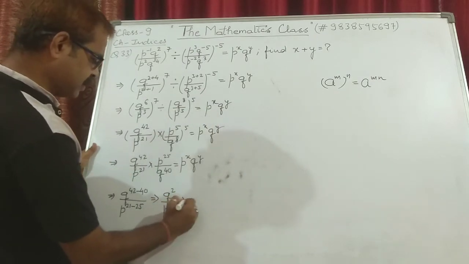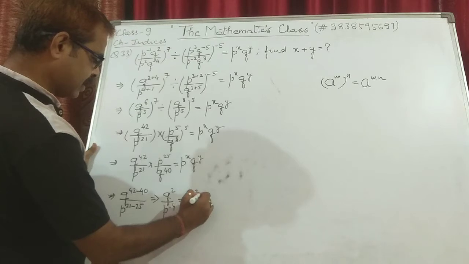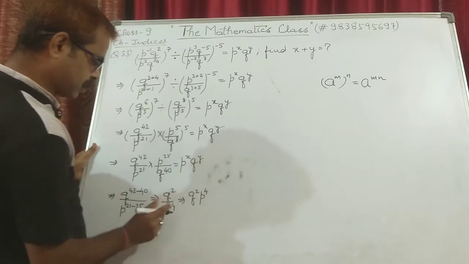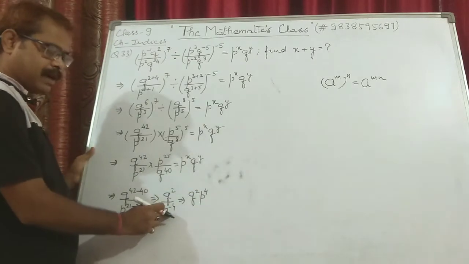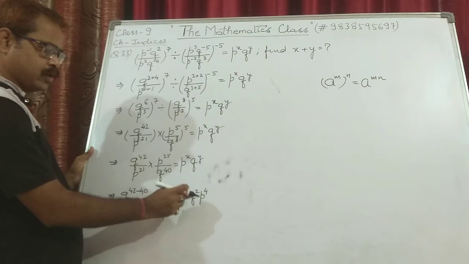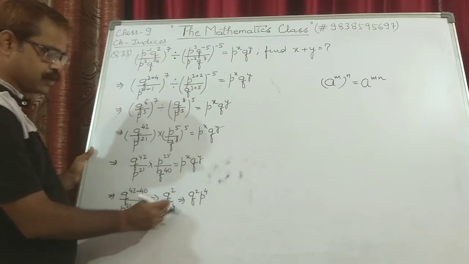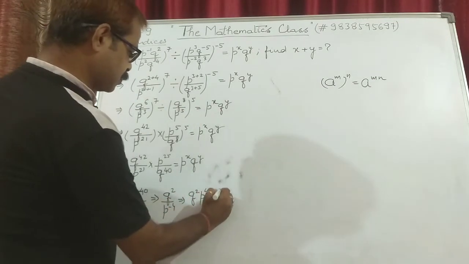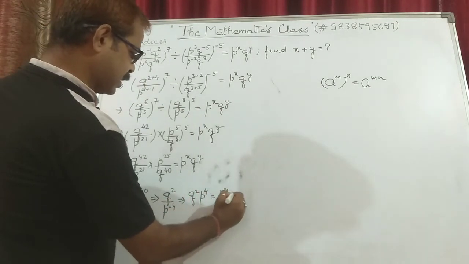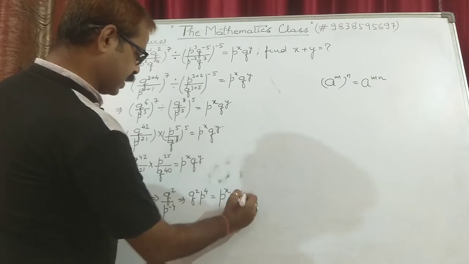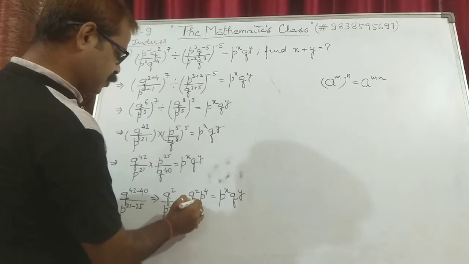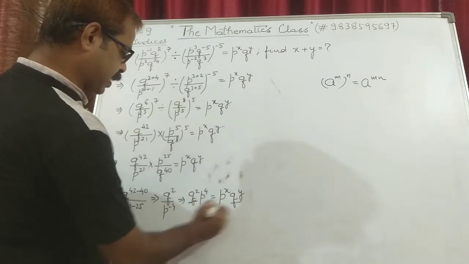It means it can be written as q square into p to the power 4. This power in the denominator moves to the numerator, it changes its sign, it becomes positive. And it was equal to p to the power x and q to the power y. Now when you compare, you will compare q square to q to the power y.